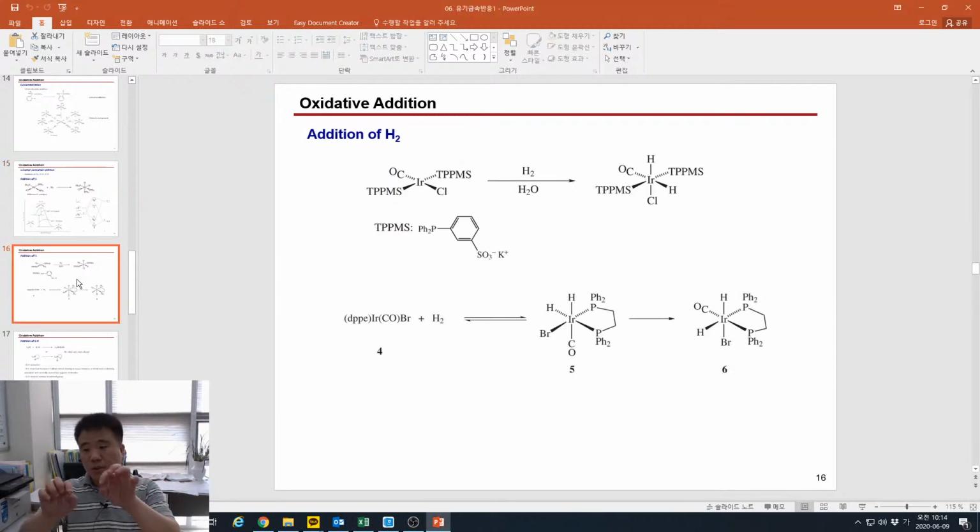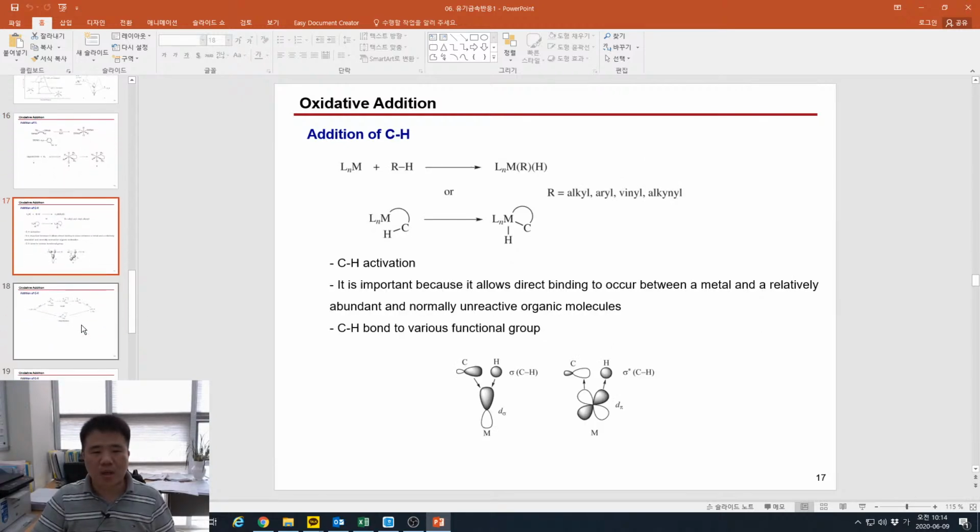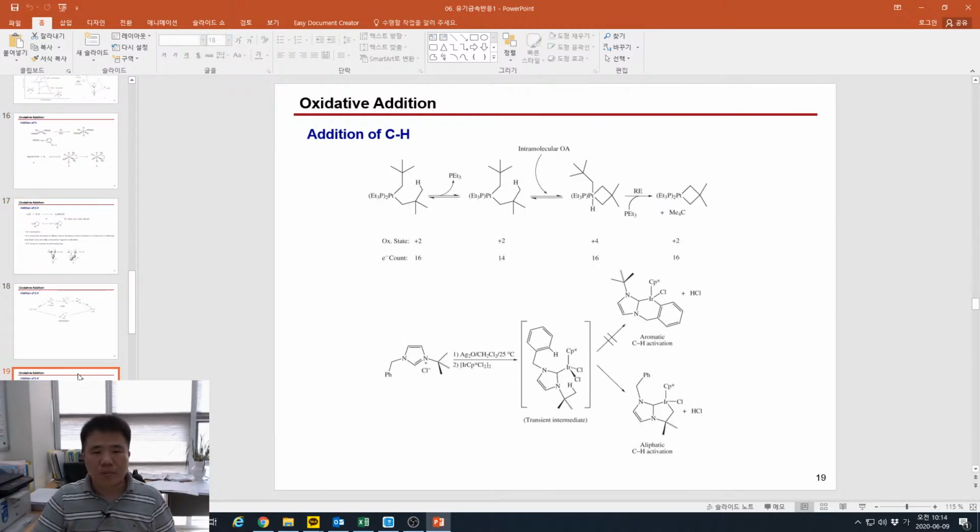Because HH, CH, CC are non-polar bonds, generally it is a 3-center concerted mechanism. So CH bond activation is all a 3-center concerted mechanism.